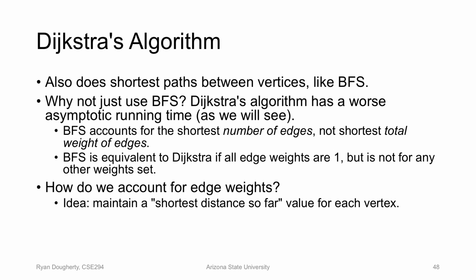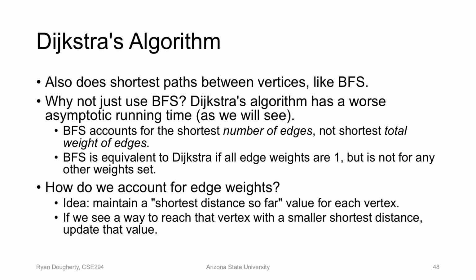So I maintain the shortest distance so far for each vertex. And then I update if I find a shorter one until I have exhausted the entire graph. Okay? That's why it has a bad runtime. Essentially, if we see a way to get to this vertex with a smaller shortest distance, then we'll update.